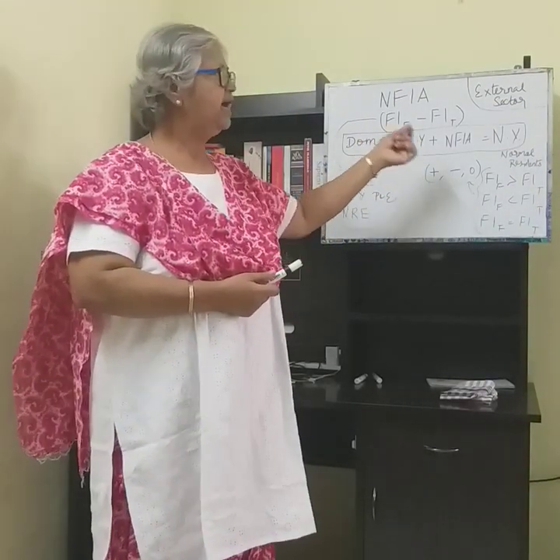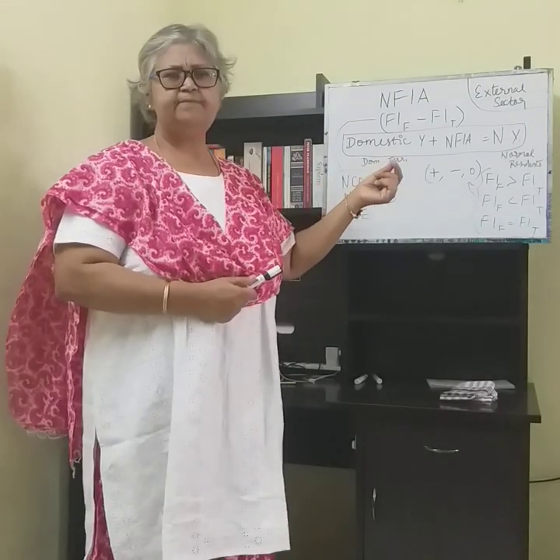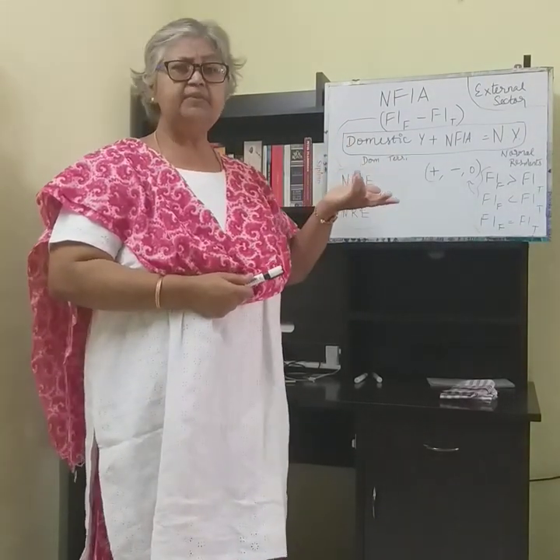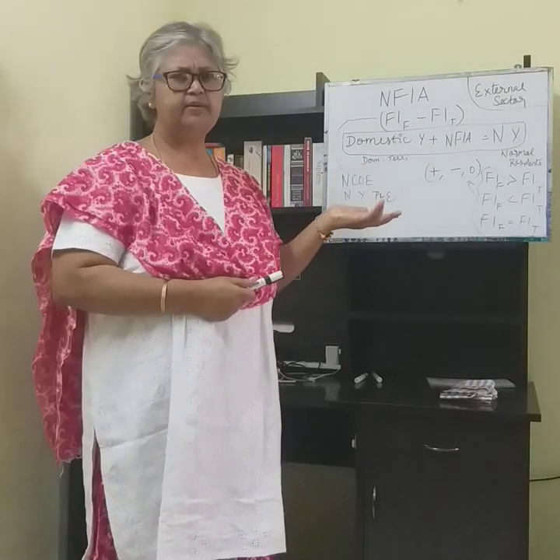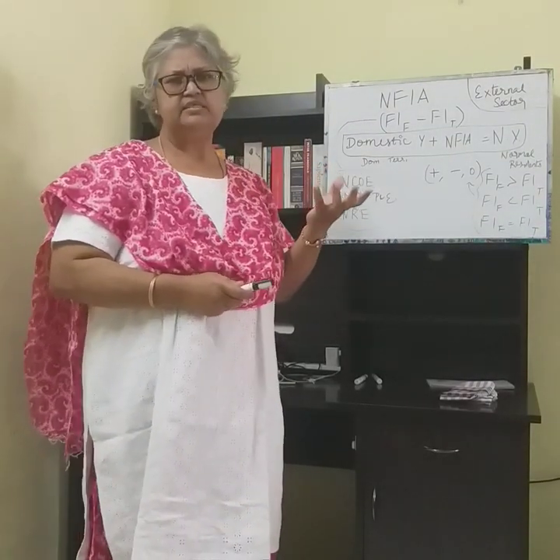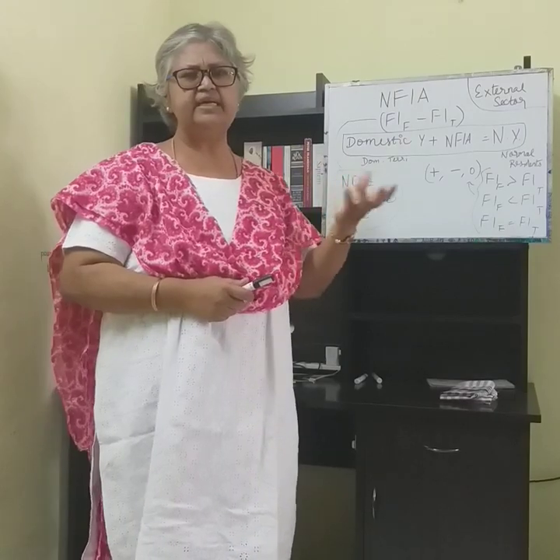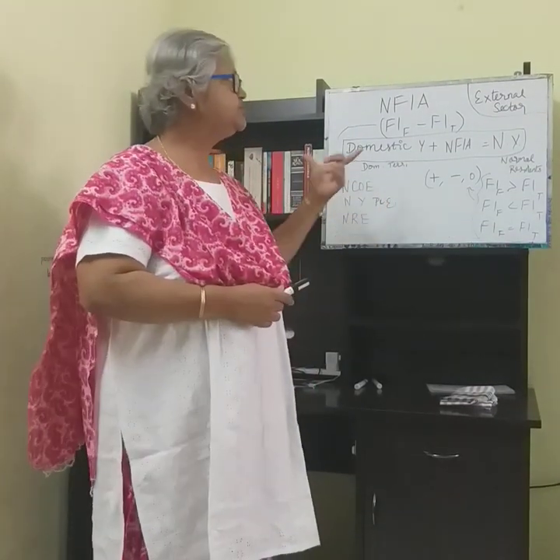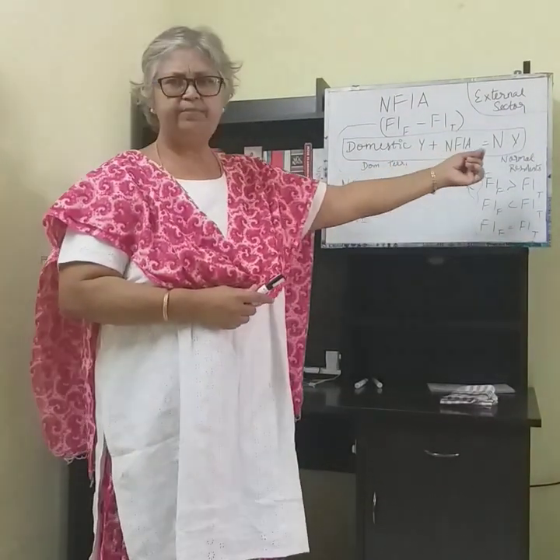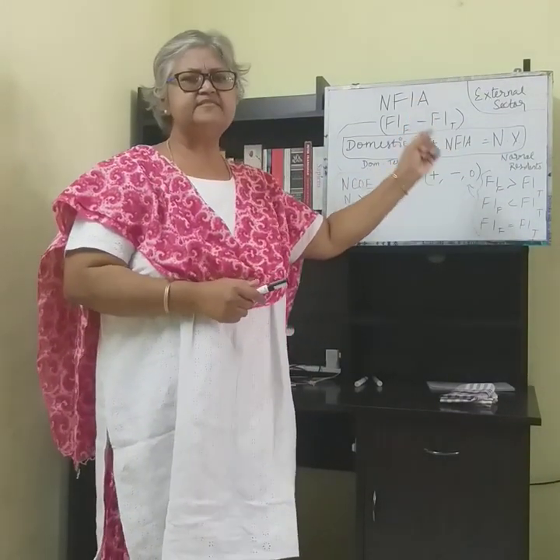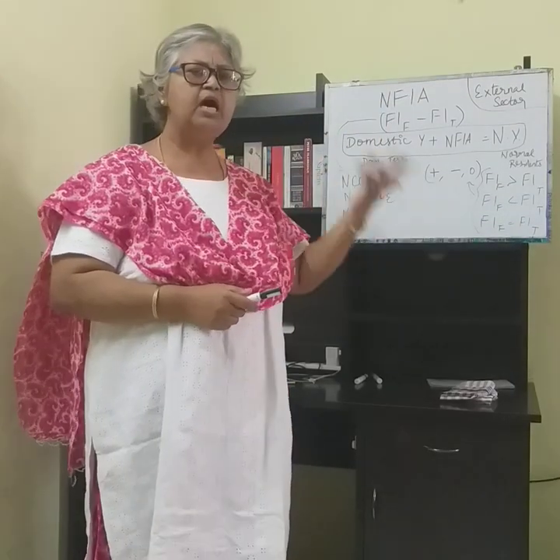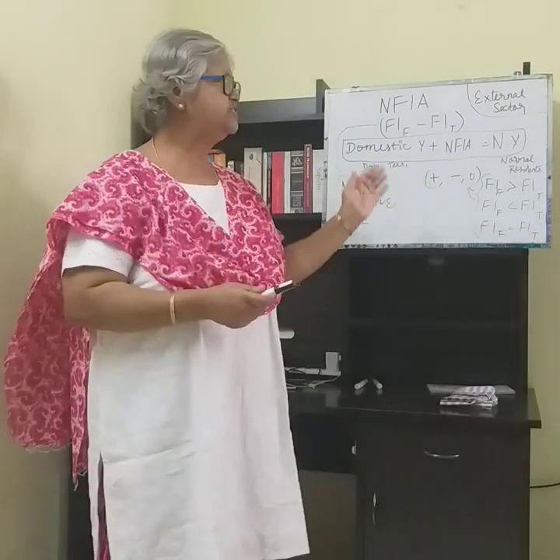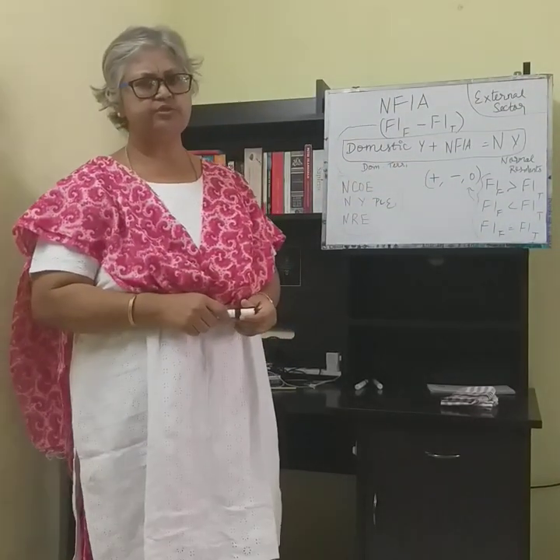Plus NFIA, which is the income that is made by the normal residents from rest of the world minus the same payment that is made to the normal residents of other nations. So that would be the income that is made by the normal residents from within the domestic territory and from abroad. So that is the national product.